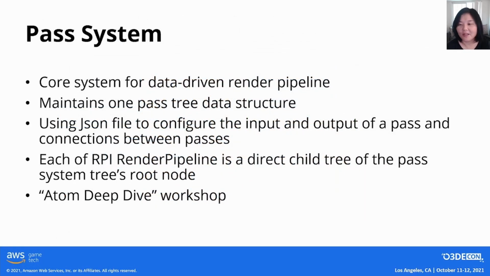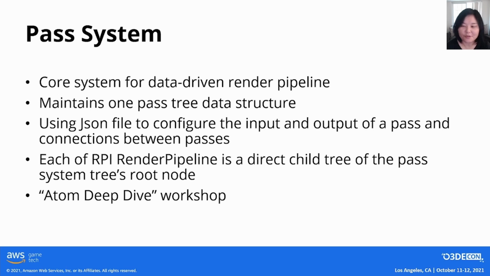Pass system is the core system for the data-driven render pipeline. It maintains a tree structure. The nodes of this tree are all passes. The leaf nodes are render passes, which are responsible for submitting draw items or dispatch items.